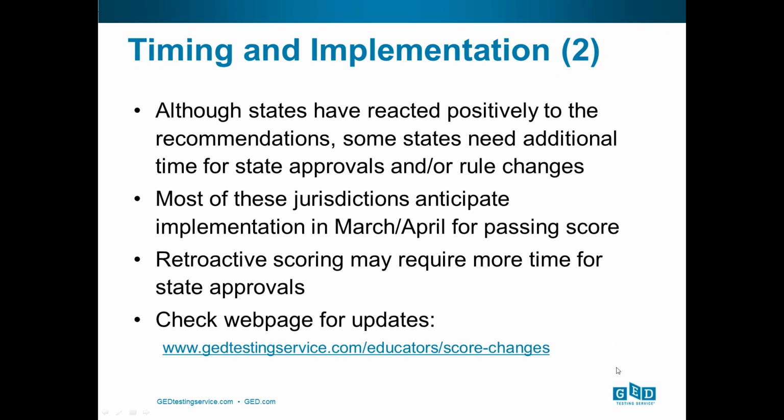And the most important link on this slide is that URL that says check webpage for updates. That is where you'll see a roll call of the states and where they stand in terms of adopting one or both aspects of the recommendation.